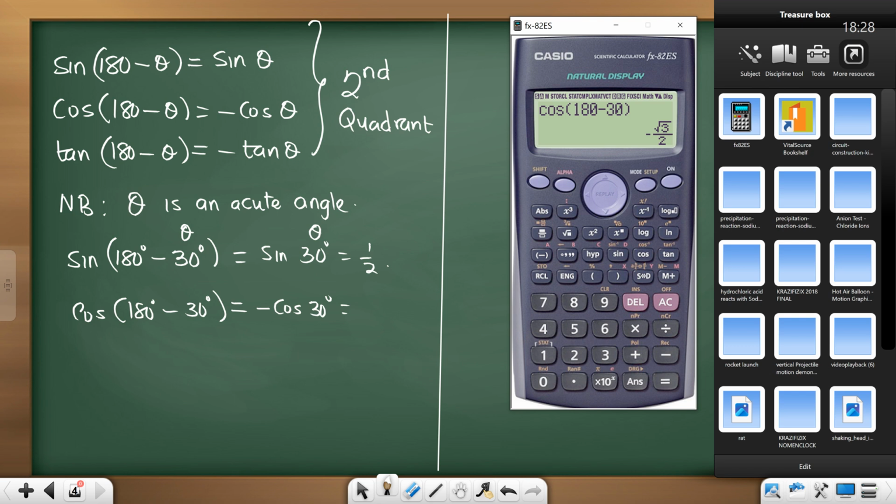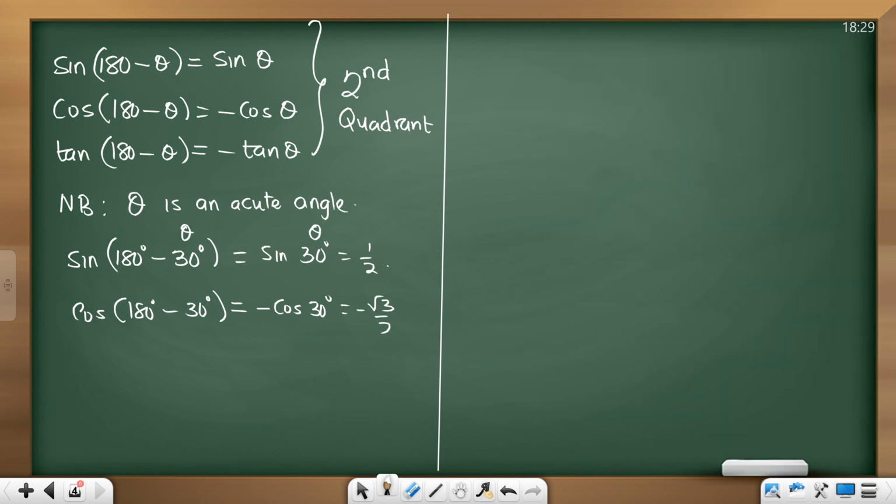What is negative cos 30 in your calculator? Don't give me the decimal, just give me it in root form. Give me a thumbs up if it's the same. There's a negative in front. Okay, so this is negative root 3 over 2.